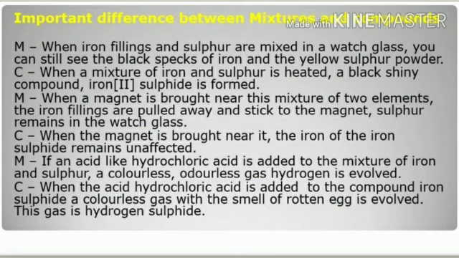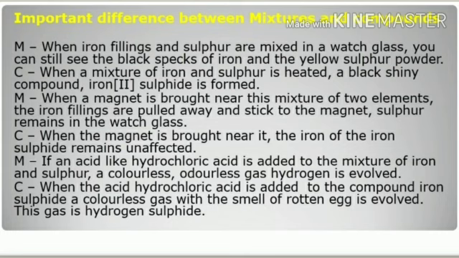Coming to the next point, when a magnet is brought near this mixture of two elements, the iron filings are pulled away and stick to the magnet. Sulfur remains in the watch glass, whereas in case of the compound, when the magnet is brought near it, the iron of the iron(II) sulfide remains unaffected.